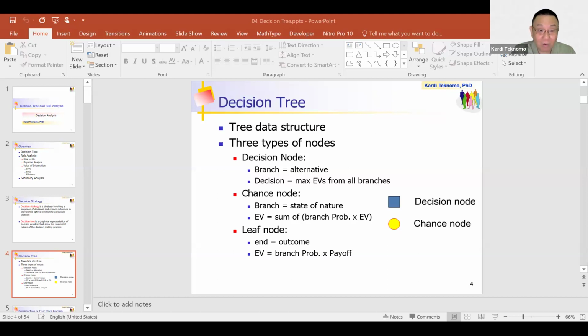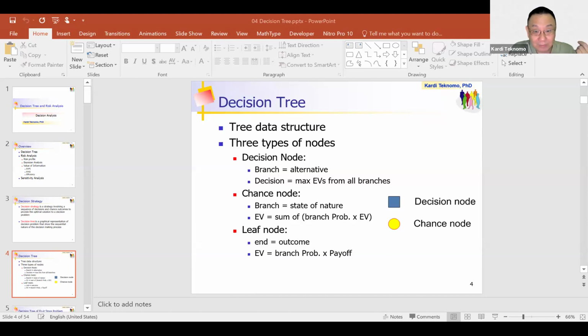On the other hand, in the chance node, the branches are the states of nature, and you compute the EV, expected value, which is the sum of the branch probability multiplied by the expected value. And in the leaf node, the EV is computed by the branch probability multiplied by the payoff.